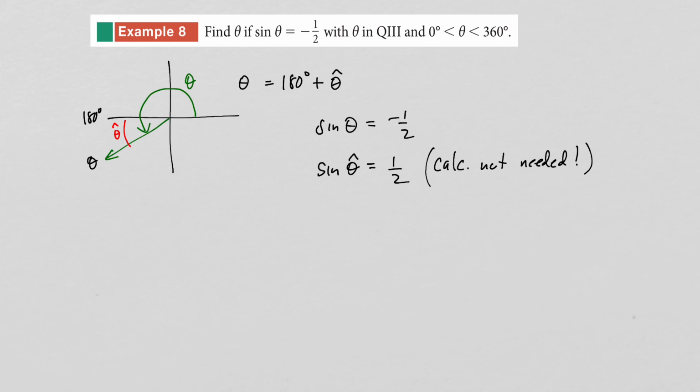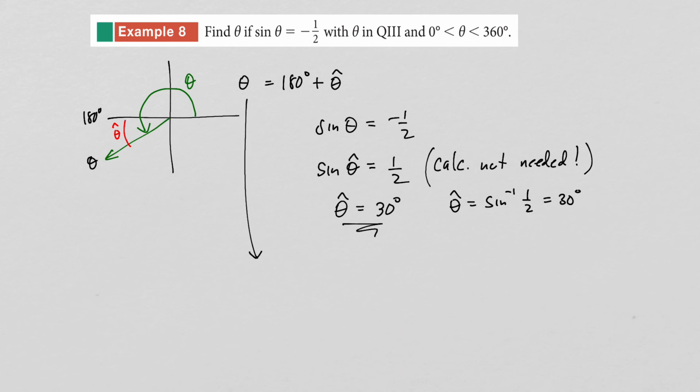Because we know that if you have a positive acute angle, theta hat, and the sine of that angle is 1/2, theta hat must be 30 degrees, right? We know this from memory. Now, if you struggle with that, you can, of course, plug this into your calculator, and your calculator will also tell you that this is 30 degrees. But we should know this.